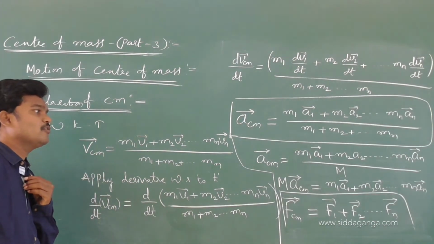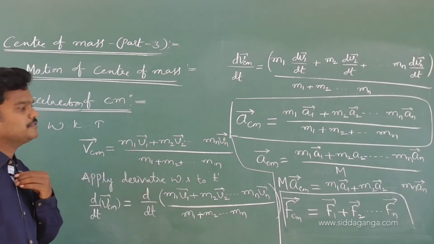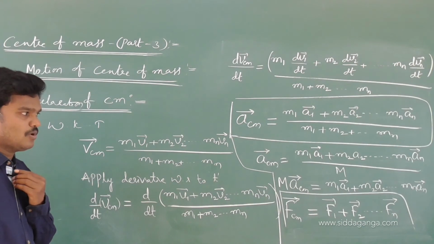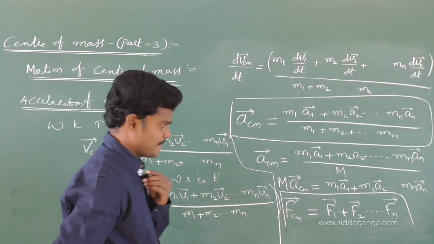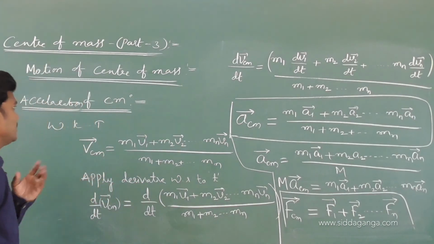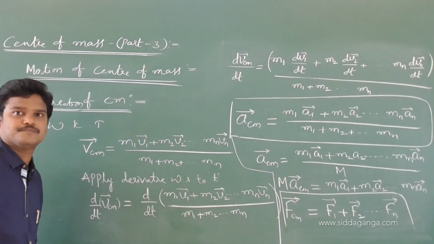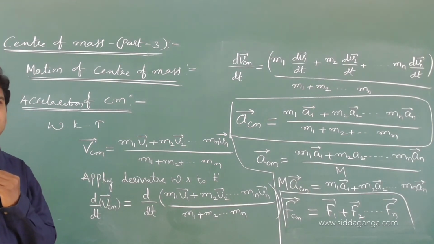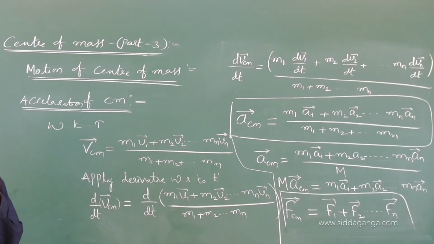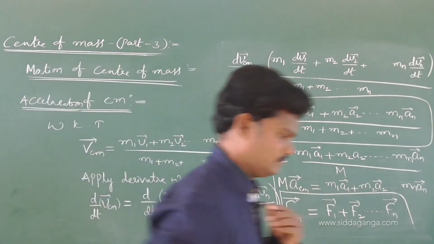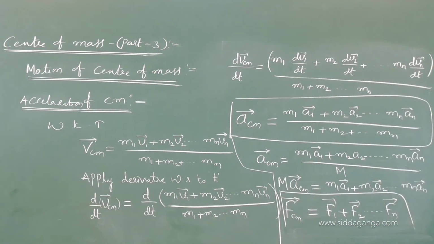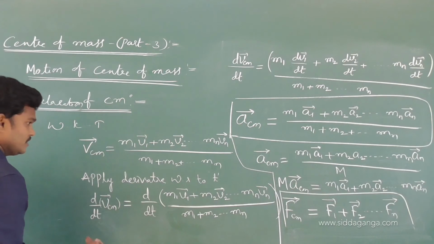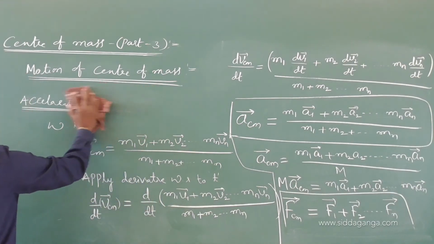See, by using velocity I got acceleration of center of mass. Finally, I got FCM bar is equal to F1 bar plus F2 bar, so on Fn bar. Okay, let me rub this part. Okay, see, I got finally FCM bar.